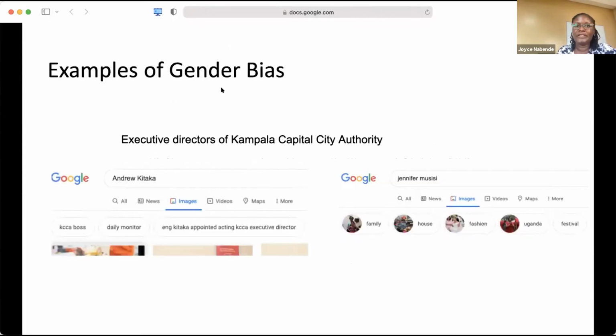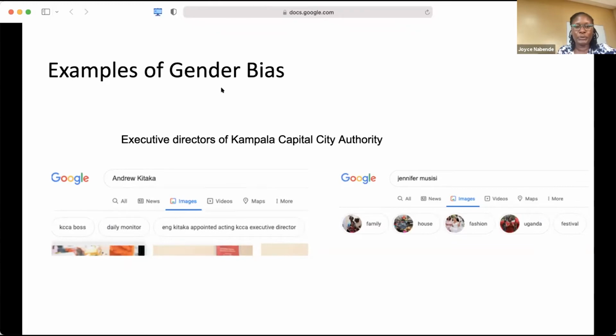So what are the examples of gender bias that we see? For the people who come from Uganda, I think this example is typical. We all know who Mr. Andrew Chitaka is, and we also know who Miss Jennifer Musisi is, right? All of these are former executive directors of Kampala Capital City Authority.